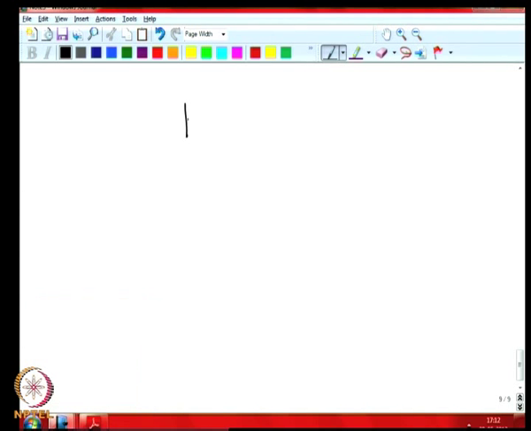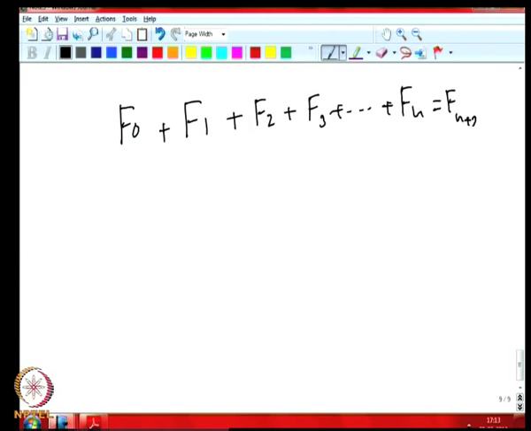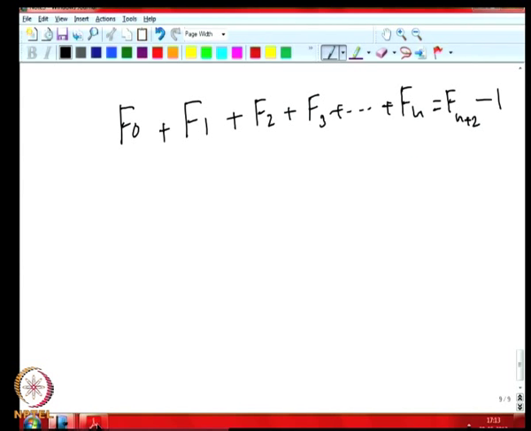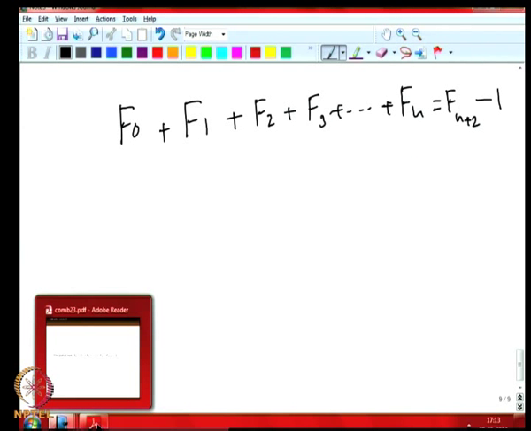This is the first formula we want: f1 plus f2 plus, maybe we can even write f0, does not matter, 0 plus f1 plus f2 up to fn, then we will get fn plus 2 minus 1. So, that's it. We can verify it for small values.